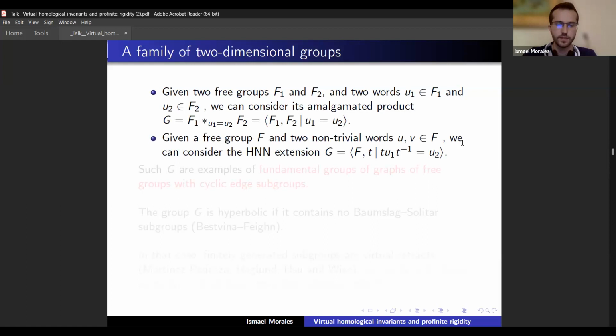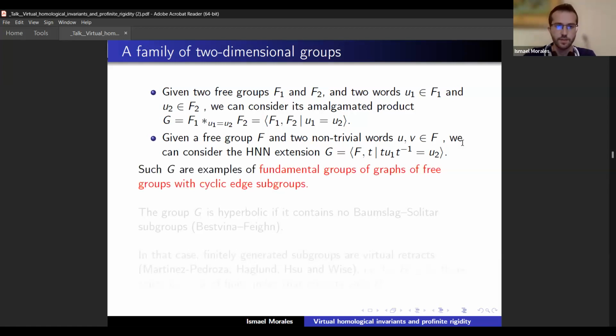This is basically what we should think about for the setting in which we are, which is dimension 2 and a finite hierarchy of free groups. So these are the examples we care about: fundamental groups of graphs of free groups with cyclic edge subgroups.